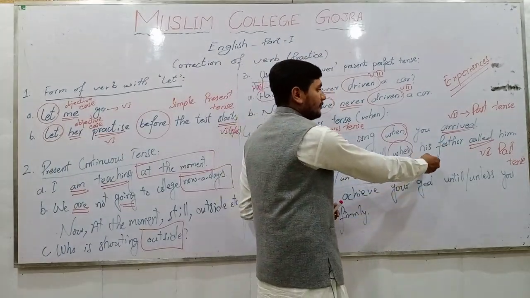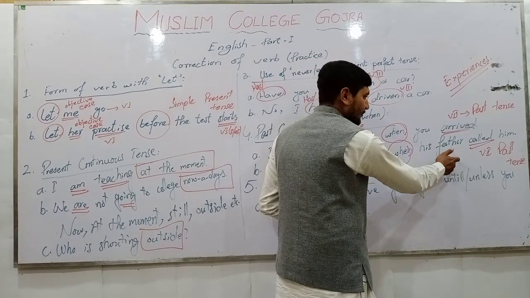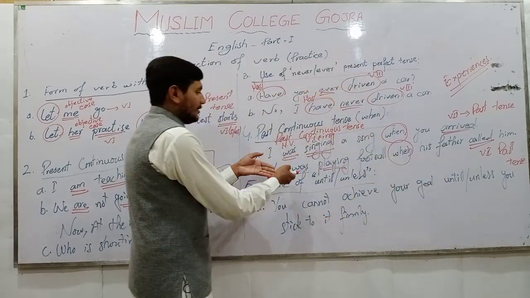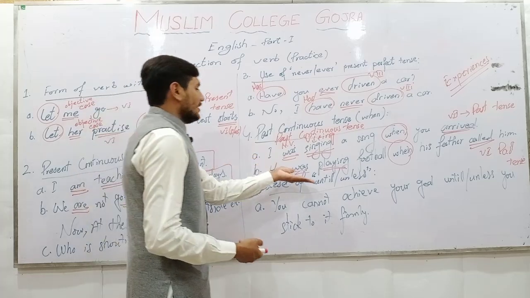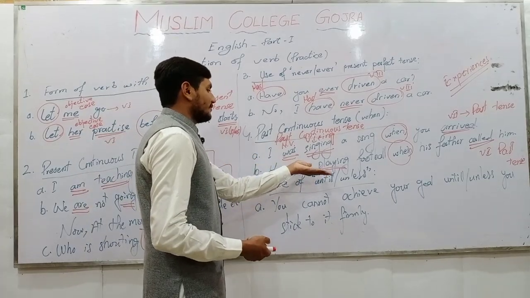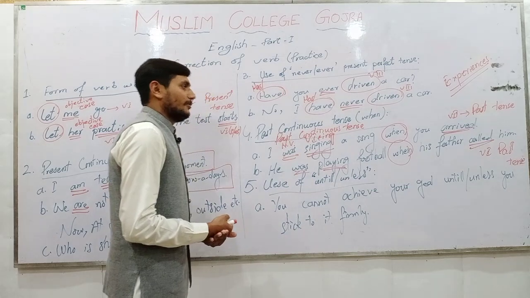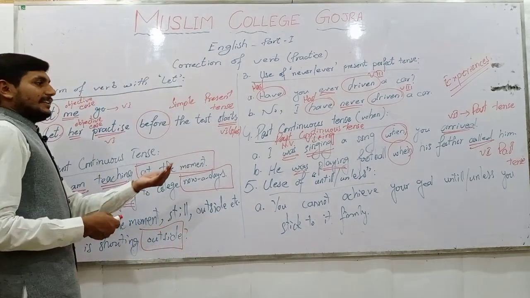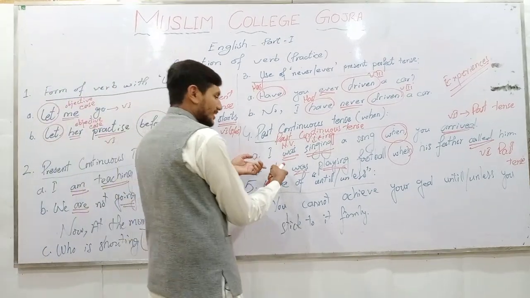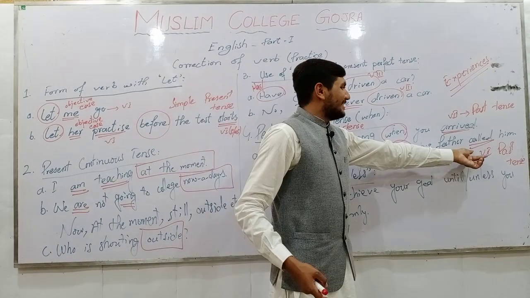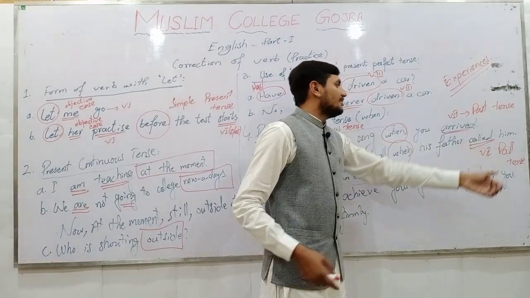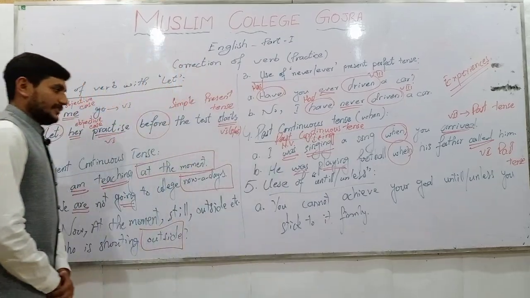If he gives you the complete clause here, you should know the verb that you should choose for your answer as was plus verb's first form plus ing. And if he gives you this complete clause with the verb and asks for the answer here, you should choose verb's second form, that is past tense.